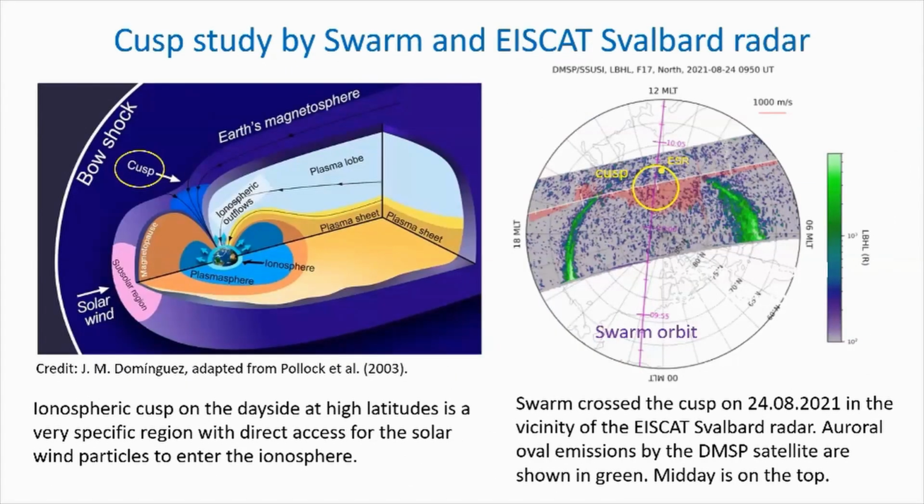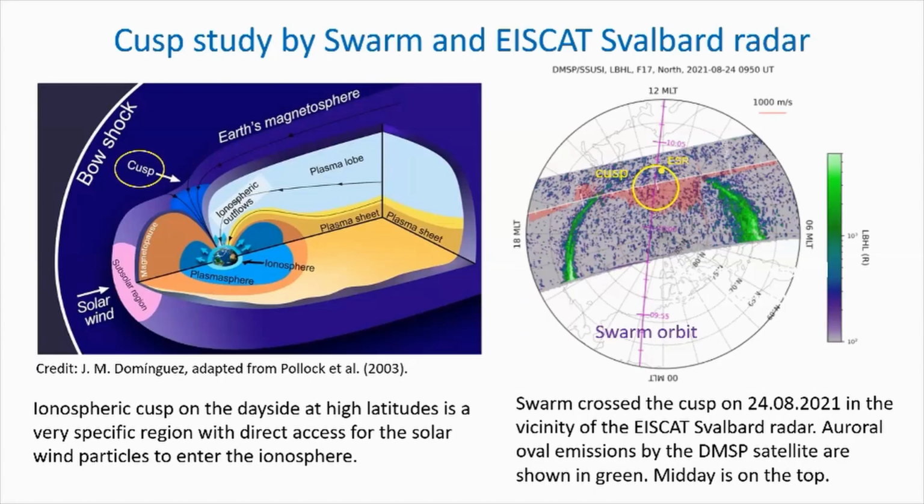And the last thing I wanted to tell about is a cusp study using Swarm satellite and again EISCAT radar observations. And first, why the cusp is interesting is the figure on the left-hand side. So that is the region where the solar wind particles have a direct entry to the Earth's ionosphere. And those field lines map to very high latitudes on the day side.